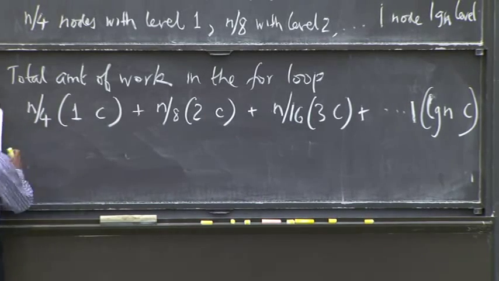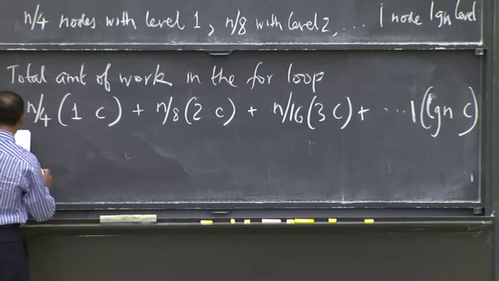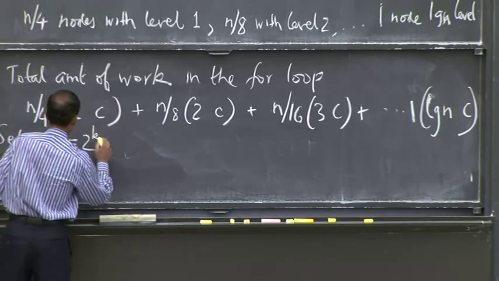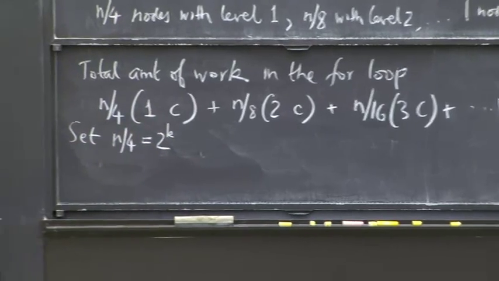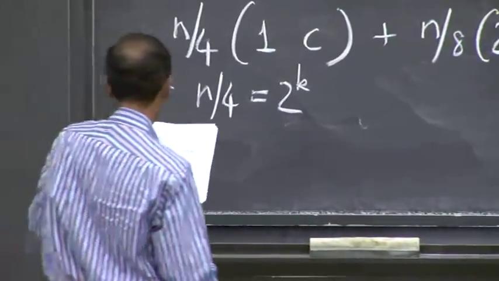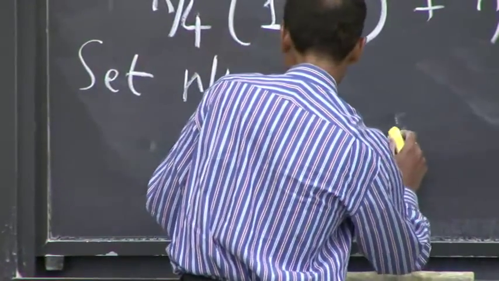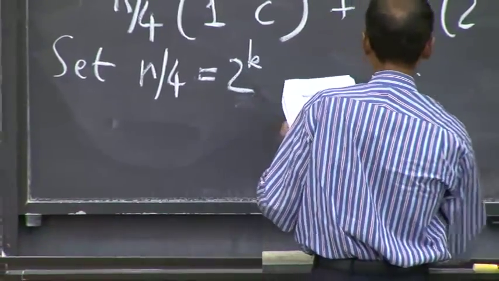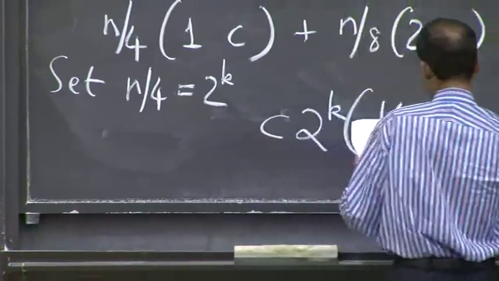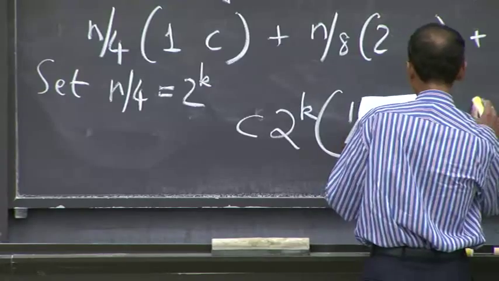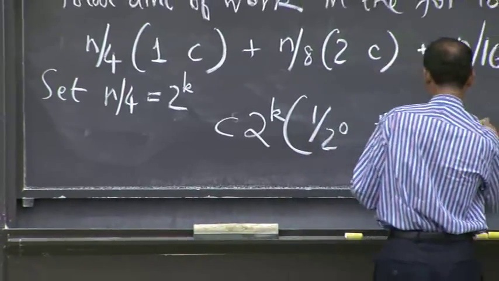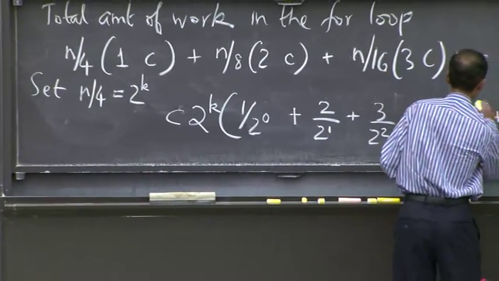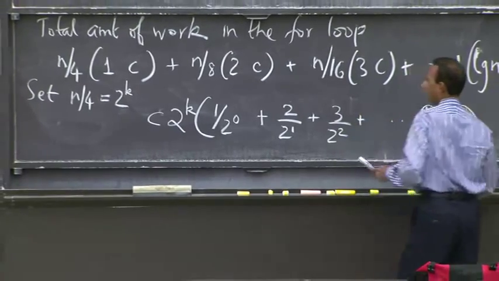Now, just to make this easier to look at and reason about, I'm going to set n over 4 to 2 raised to k. And simplifying and pulling out certain things, this translates to c times 2 raised to k times 1 divided by 2 raised to 0, 2 divided by 2 raised to 1, 3 divided by 2 raised to 2, et cetera, up to k plus 1 divided by 2 raised to k.